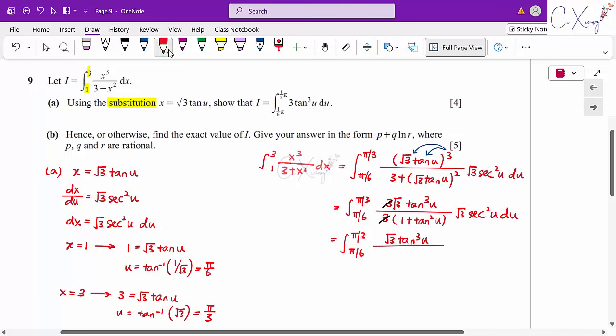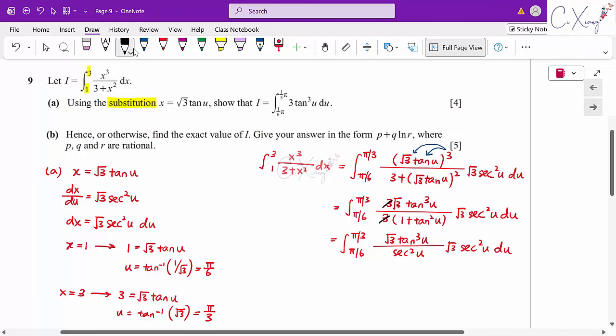And what is the 1 plus tangent square? 1 plus tangent square, basically you can make it become secant square, according to the identity that we have in our syllabus. Alright, so 1 plus tangent square equals secant square. Then I still have root 3 at the back, secant square u at the back.